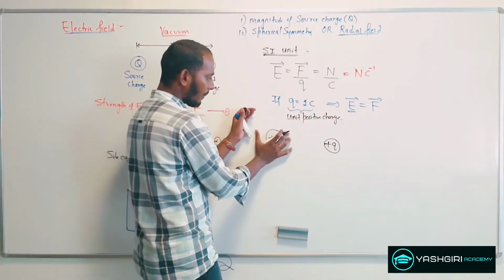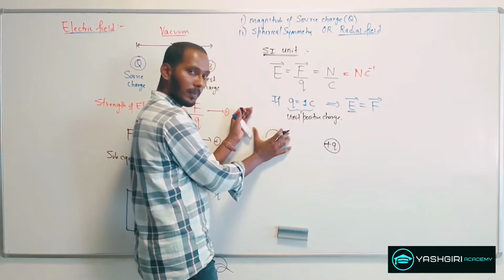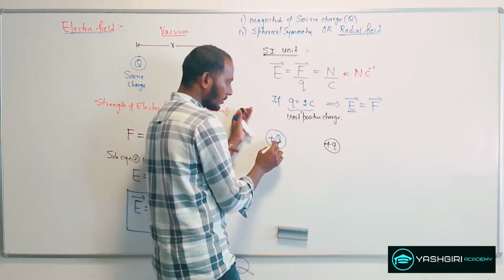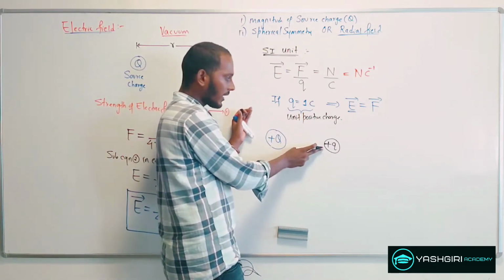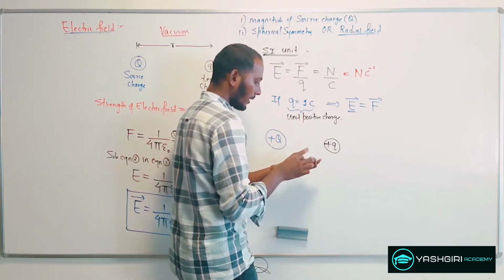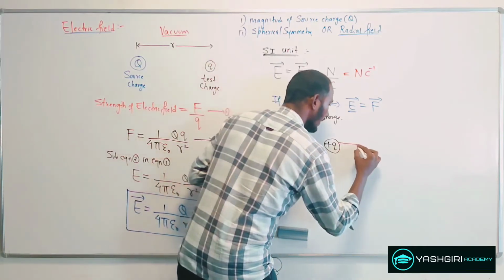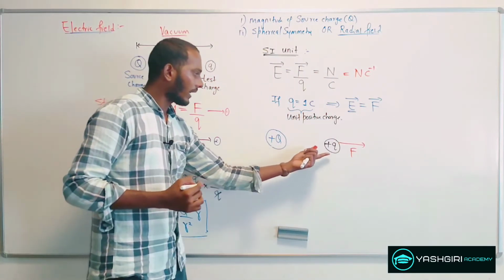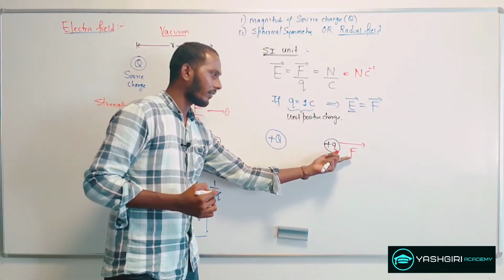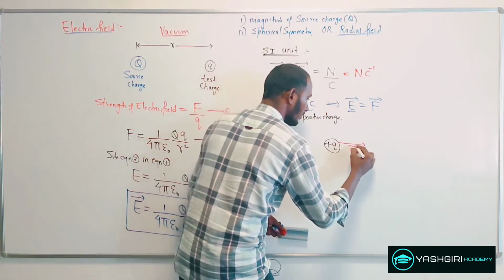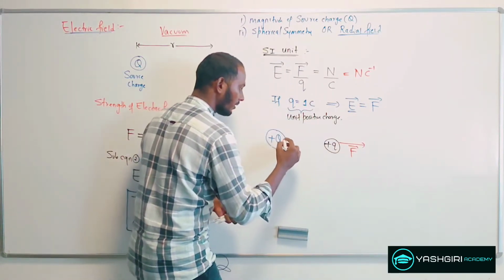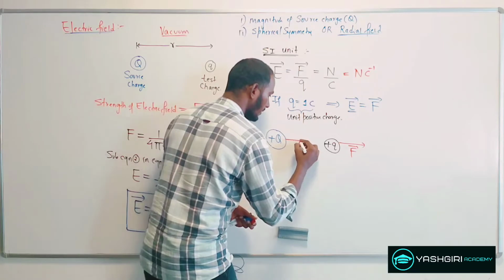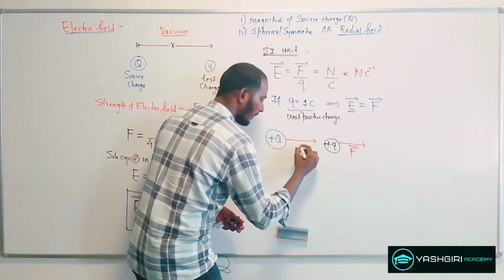But here I'm defining the electric field for this plus Q, right? So the plus Q will exert a force on this test charge, and the force over here will be in this direction, a repulsive force, correct? Now that means the force is in this direction, so the electric field over here will also be in this direction, which will be radially outward.